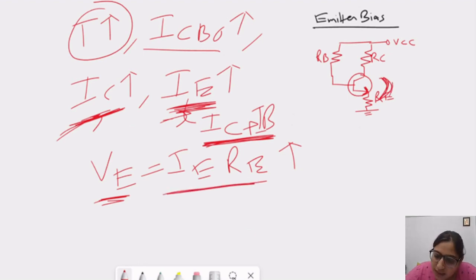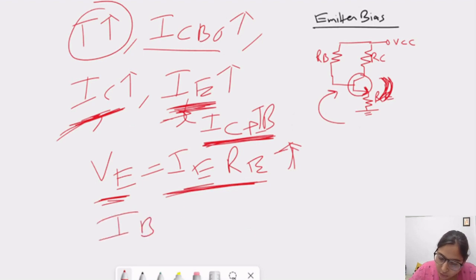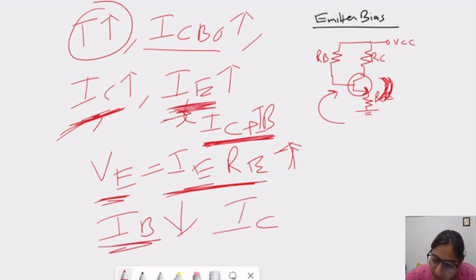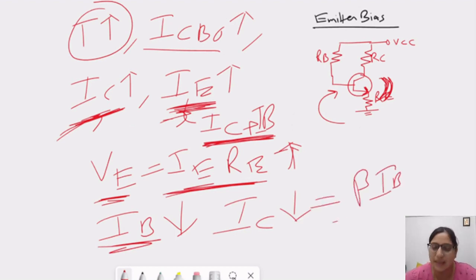If this voltage is increasing, it will affect the base current. If this IERE will increase, it will make the base current slow down, or base current will decrease. We will see how this is happening. And if this base current will decrease, it means the collector current will also decrease because collector current is nothing but beta times base current. So this is the whole process happening in emitter bias circuit.